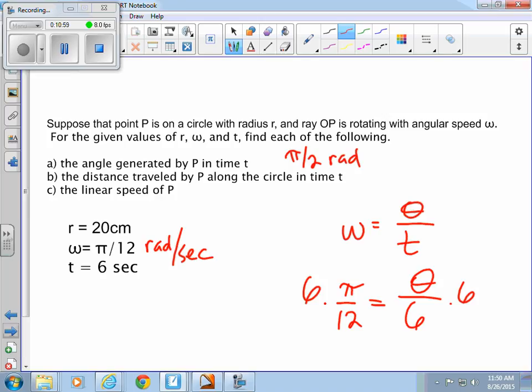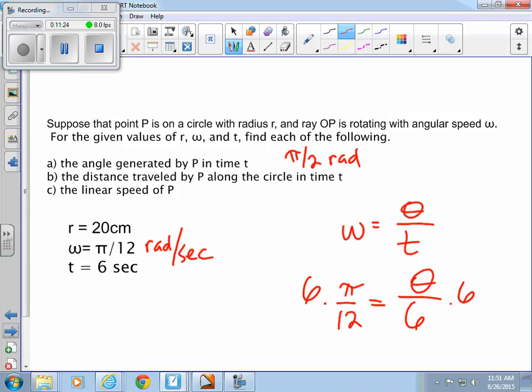Any questions about that one? Now, the other thought process, the think-it-through process, is that I'm moving at pi over 12 radians per second for 6 seconds. So you multiply by 6, which gives you the same. Both are great. I don't care what you do.